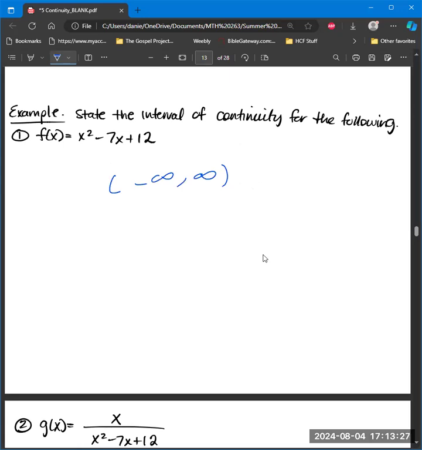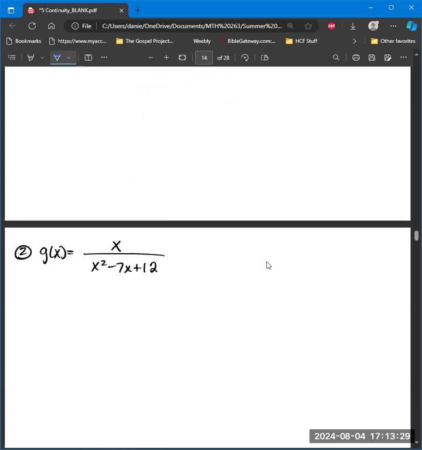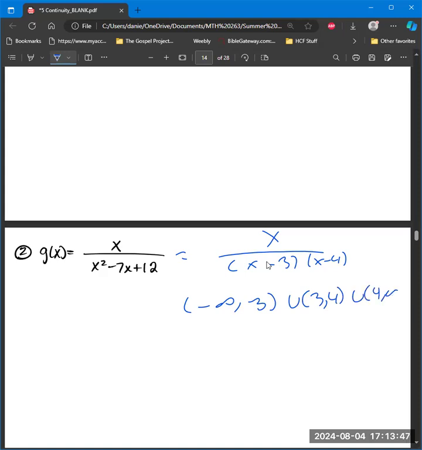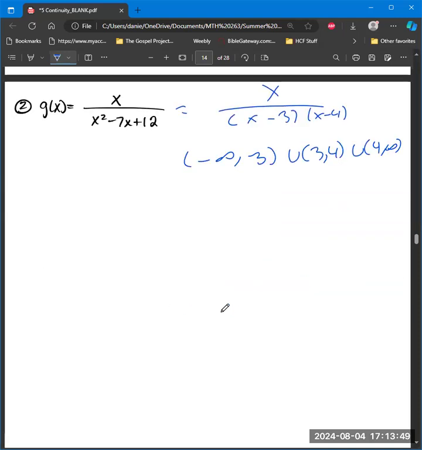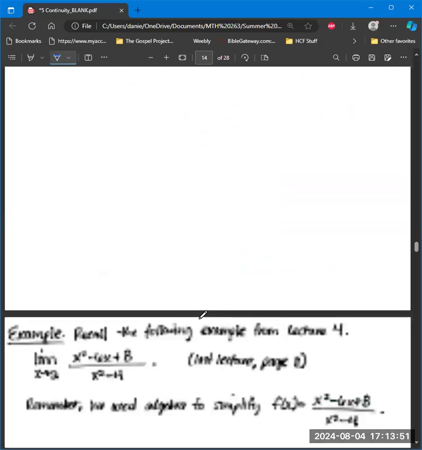It's continuous from negative infinity to infinity. Let's factor this. x minus 3, x minus 4. We're going to have this be continuous from negative infinity to 3, union 3 to 4, union 4 to infinity, because that's the domain of that rational function.